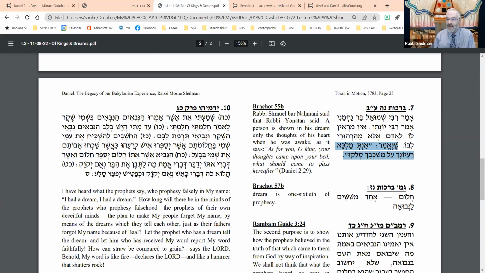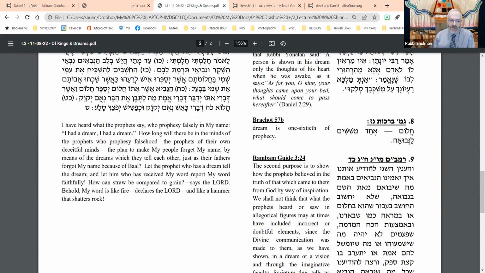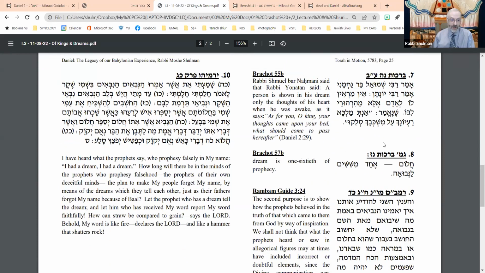On the other hand, the same Gemara says that a dream is 1/60th of prophecy. And therefore, a dream has a significant component of a message involved. That's certainly what Paro thought, and the repetition of the dream gave him that message. That's certainly what Nebuchadnezzar thought.